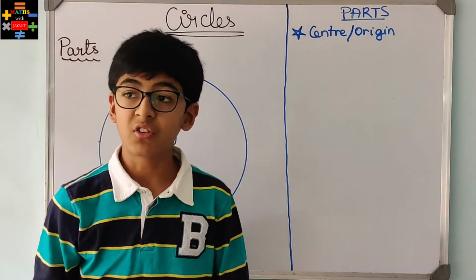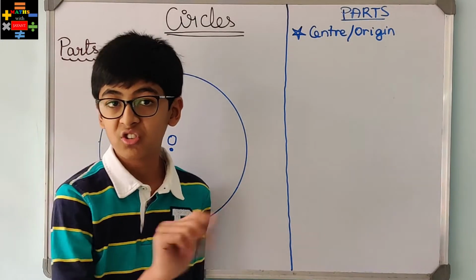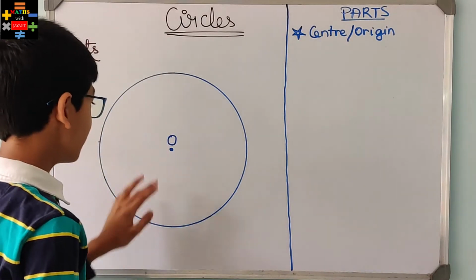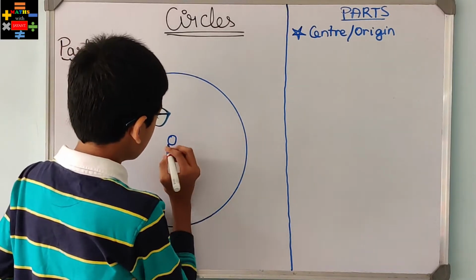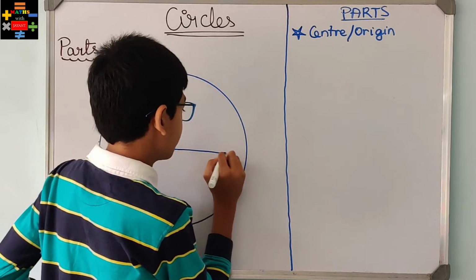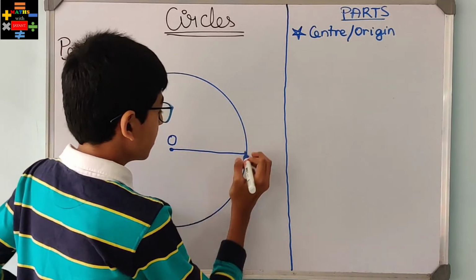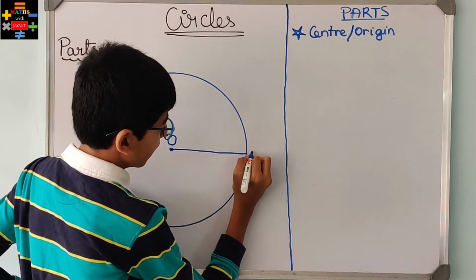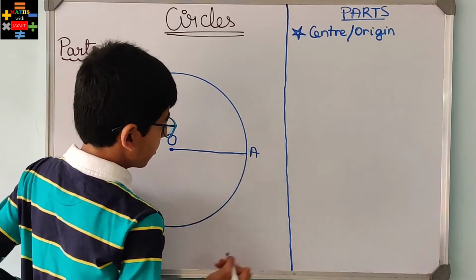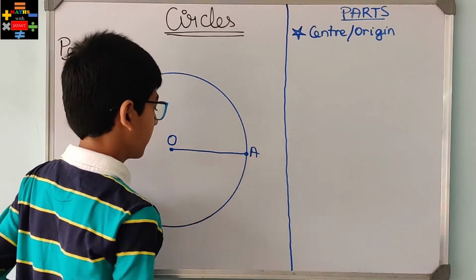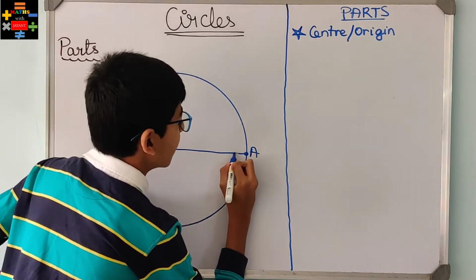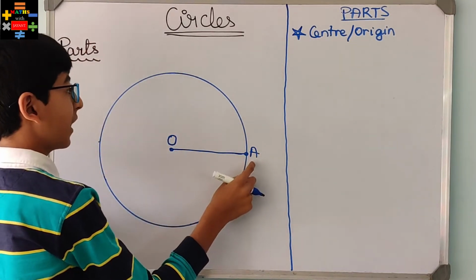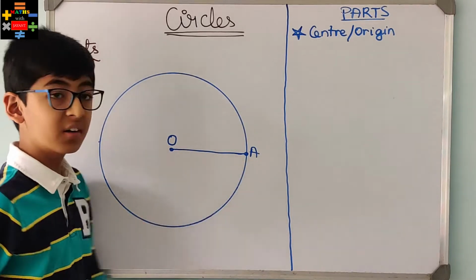So, now we understood what center or origin is. Now let us do something. Let me make a line from the center of the circle to a point on the circumference, say A. Now look, this distance is the distance between our center and the point on the circumference, right?